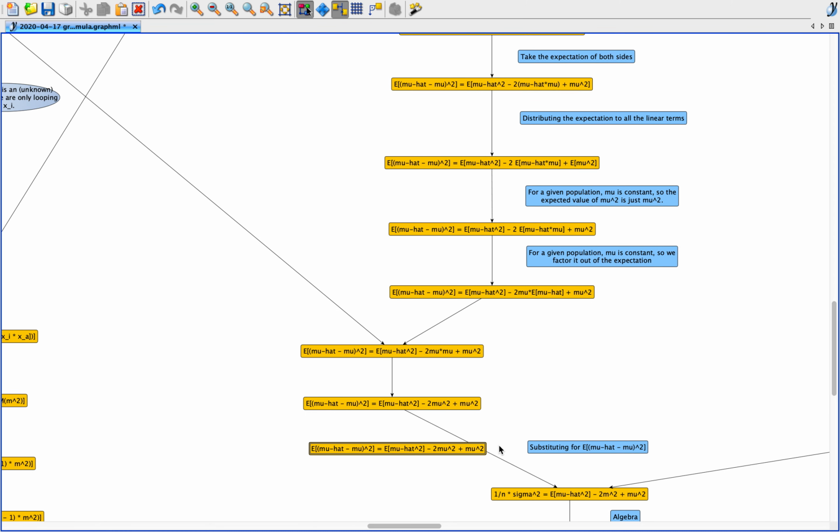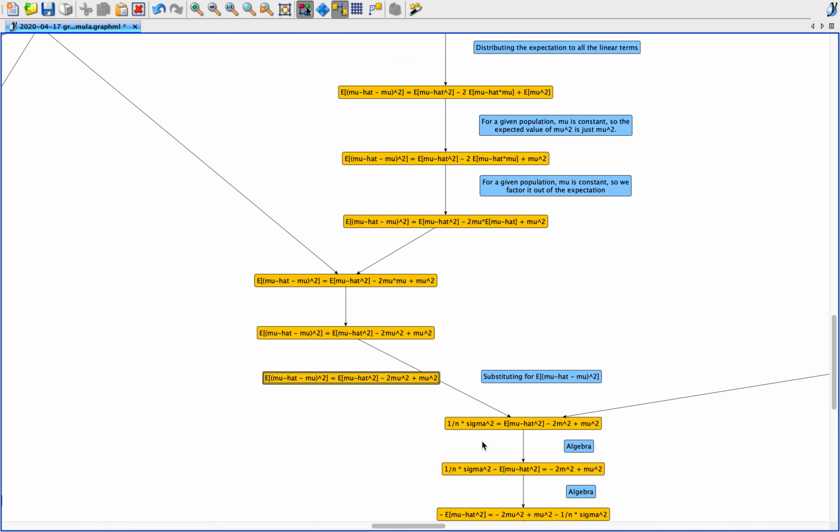Negative 2 mu squared plus mu squared is just equal to negative mu squared, by simple algebra.